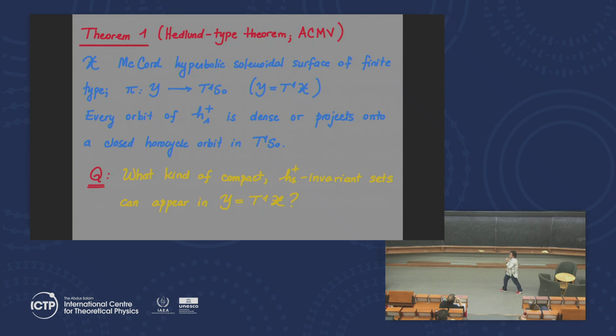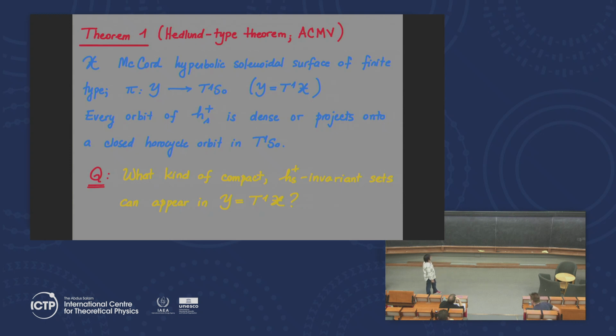Okay, so what did we prove for this specific family of hyperbolic solenoidal surfaces of finite type? Now I'm really focusing on this family, which is obtained as an inverse limit of, let's say, regular finite coverings of surfaces, okay?